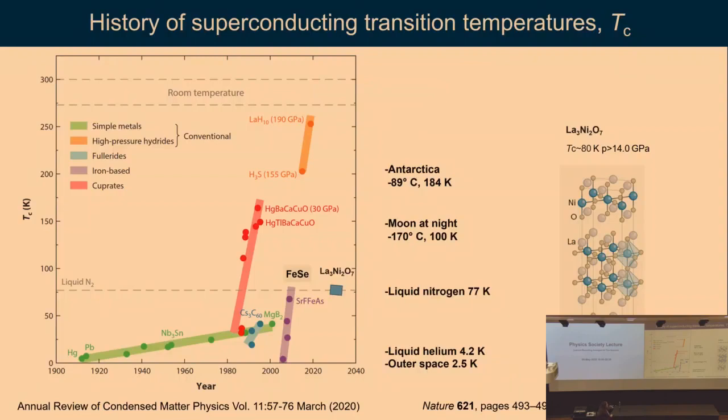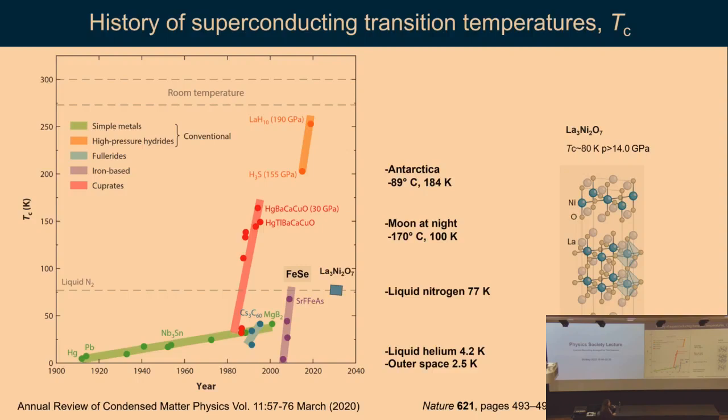So where we are in the history of superconductivity started with Onnes more than 100 years ago. Lots of new materials have been discovered, and the transition temperature, the critical temperature, kept going up. So initially, there were these superconductors called conventional superconductors. And then in 1986, we have the family of cuprate superconductors, the red line, which took the transition temperature above 150 Kelvin.